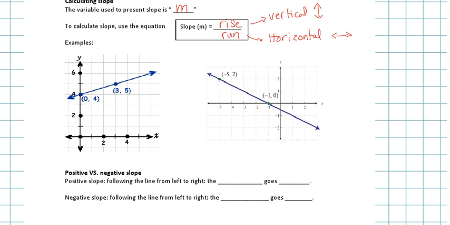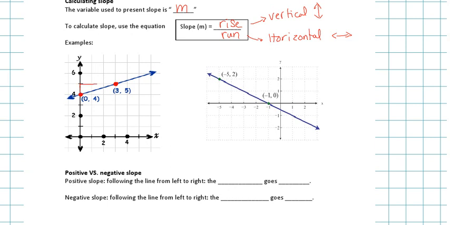So, I have this example. My 2 points are clear, right? These are 2 points. How much is my rise from one point to the other? What's my rise? How much did I go up by? 1. Do you agree? Do you guys agree that I went up 1? Okay. So up 1 over how much?